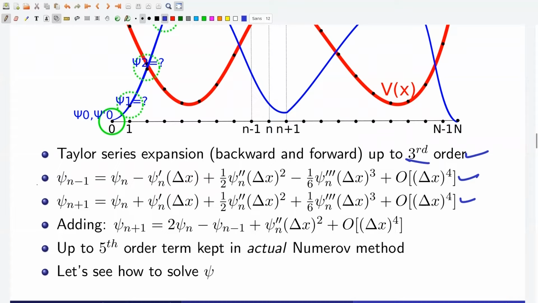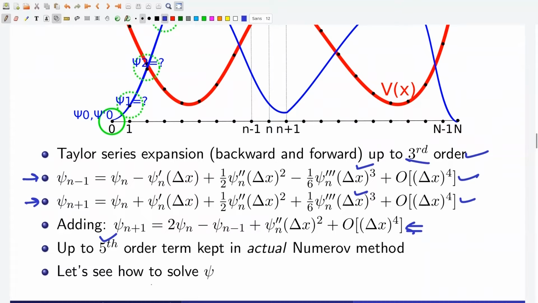So if we add this term and this term, this is the equation that we get. Remember that in actual numerical methods, up to fifth order terms are kept. However, we will keep only up to third order terms, and that will be sufficient to understand the concept.